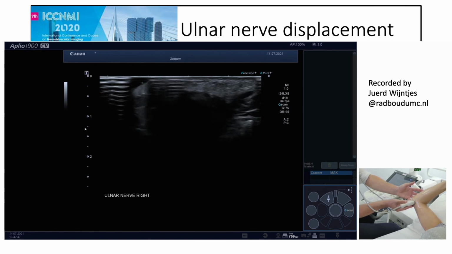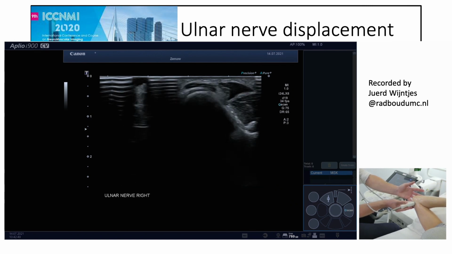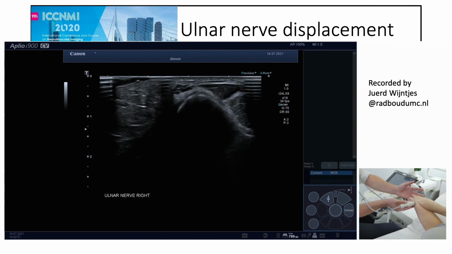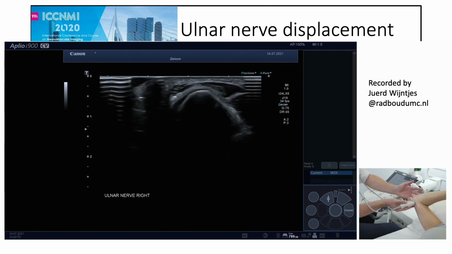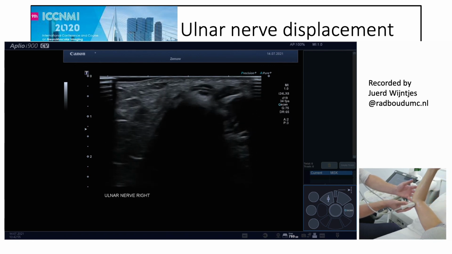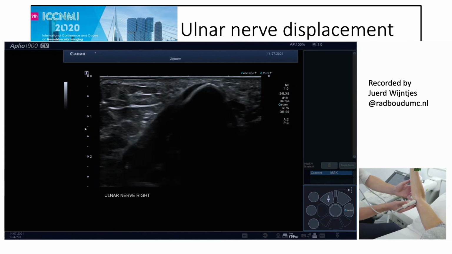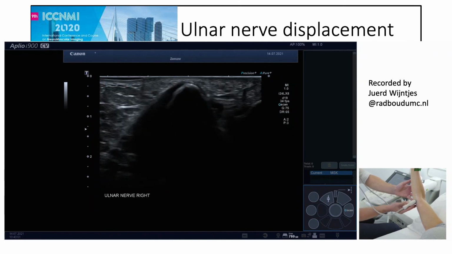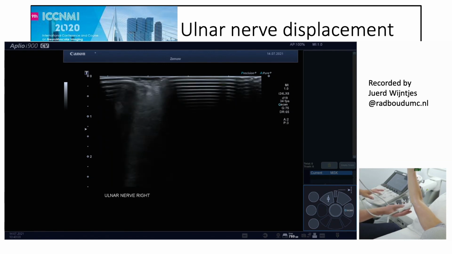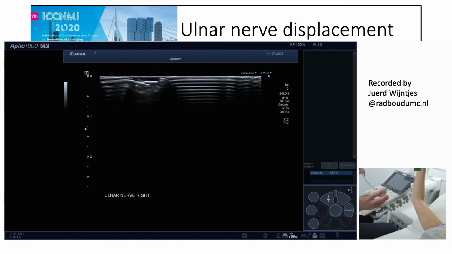And when it makes complete flexion, it just jumps over. Okay, and you can see that the nerve at this point is a bit bigger. So this might point to a slight problem, but we don't have the description of the patient's symptoms.